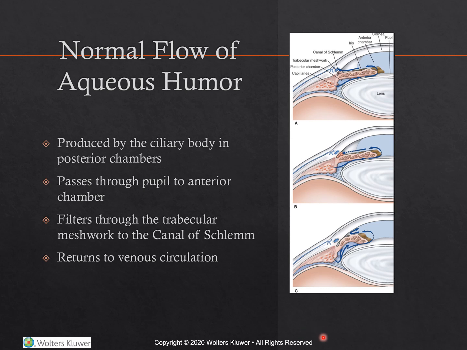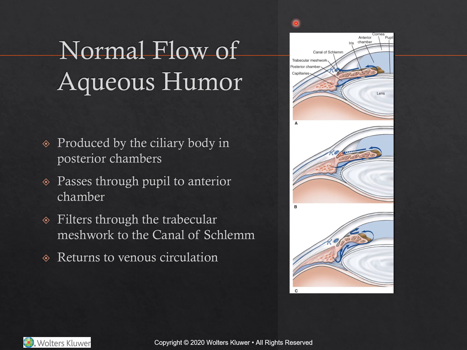You can see that here, where the fluid normally flows from the posterior chambers, through the pupil to the anterior chambers, and then out that trabecular network. And so it should just continuously be flowing through that space. In the pictures here, B is a picture that shows what we call open angle obstructed glaucoma. So there's an obstruction in that trabecular network that's blocking the flow.